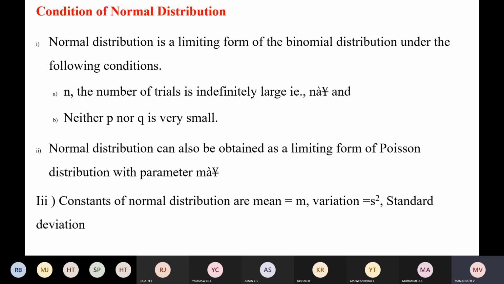Any sample size more than 30 is called a large sample.